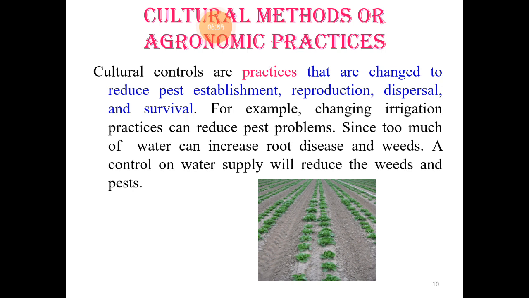To understand this methodology, we shall see an example. In irrigation, too much water supply to a given agricultural field induces increased root diseases and an increased number of weeds. So this practice is changed by decreasing the water supply to such fields.